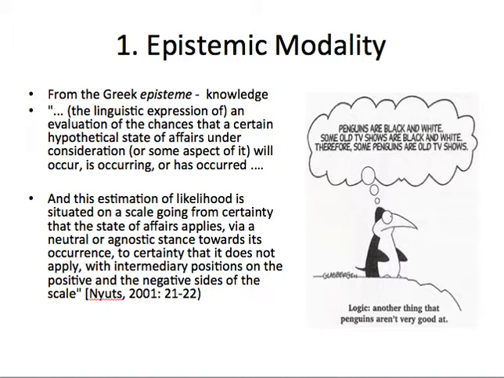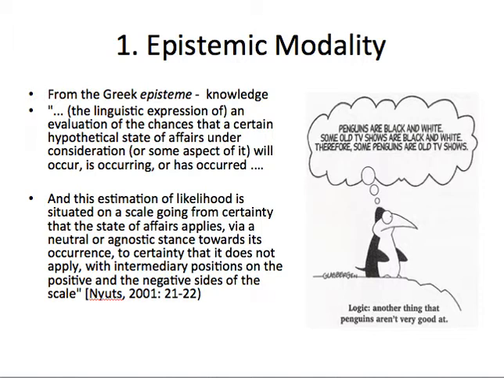Okay, so in other words, we're not totally sure about this, but we have some kind of basis for making some kind of assertion about the strength of the fact that something occurred, is occurring, or will occur in the future.